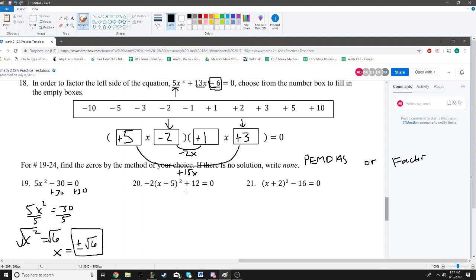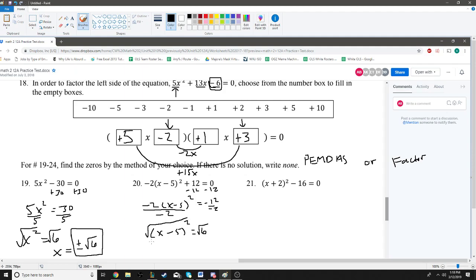For 20, same thing. We're going to subtract 12 from both sides. So we get negative 2 times x minus 5 squared is equal to negative 12. Then we're going to divide both sides by negative 2 to get x minus 5 squared is equal to 6.